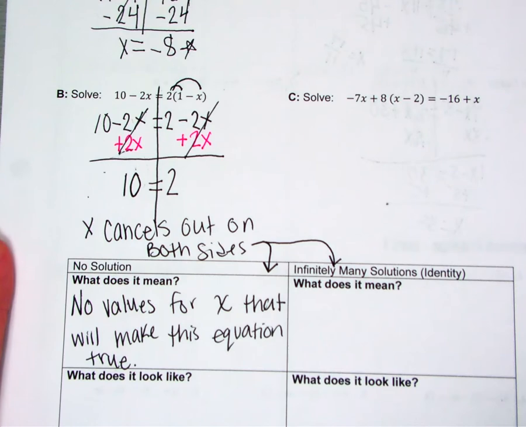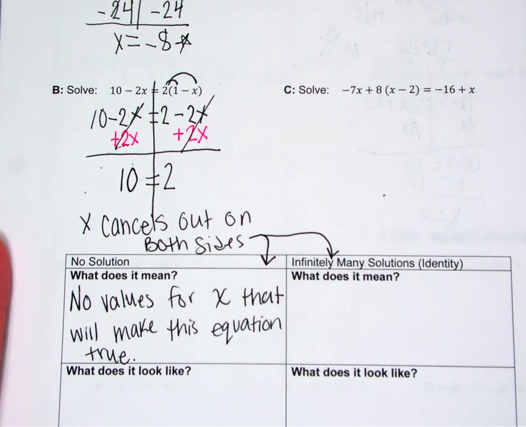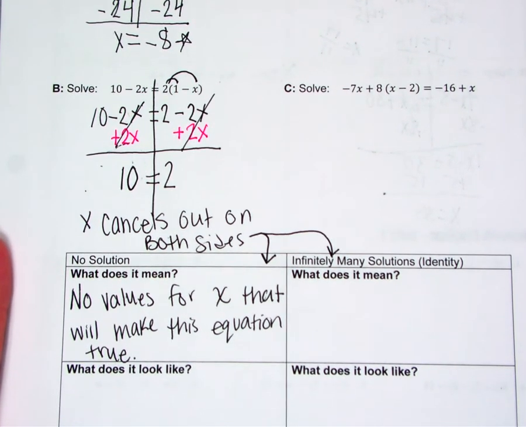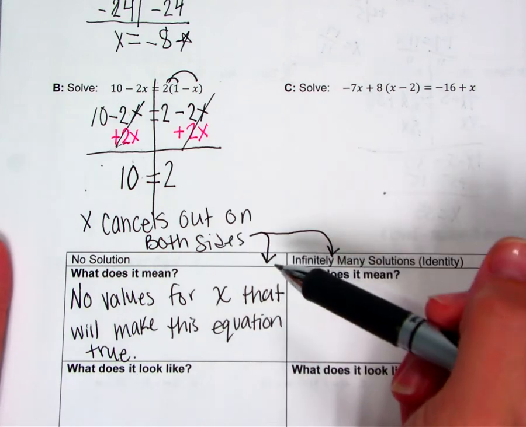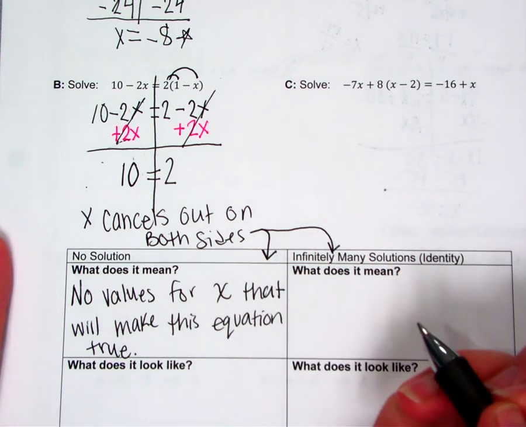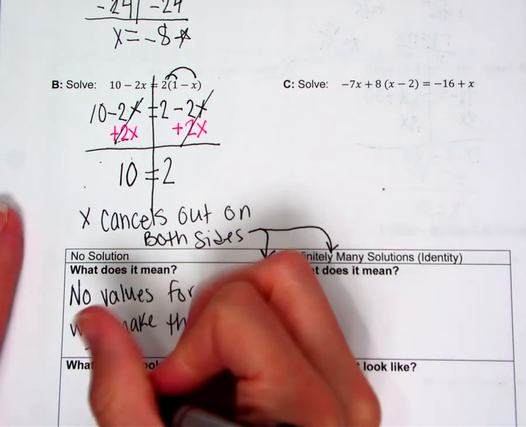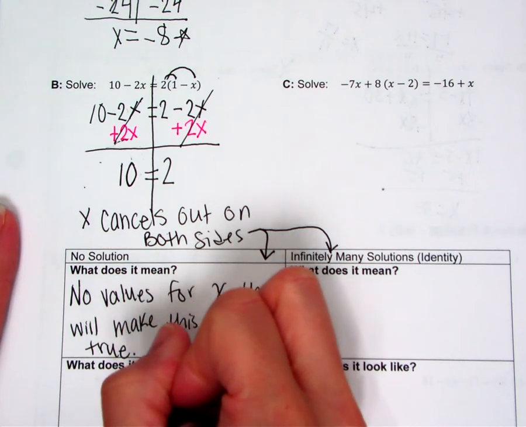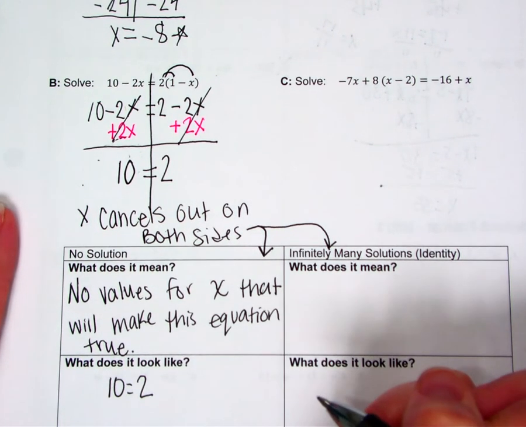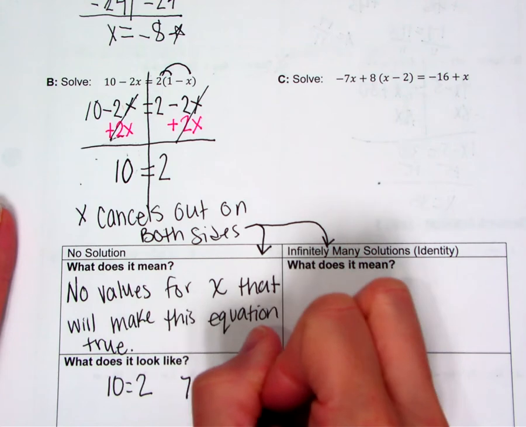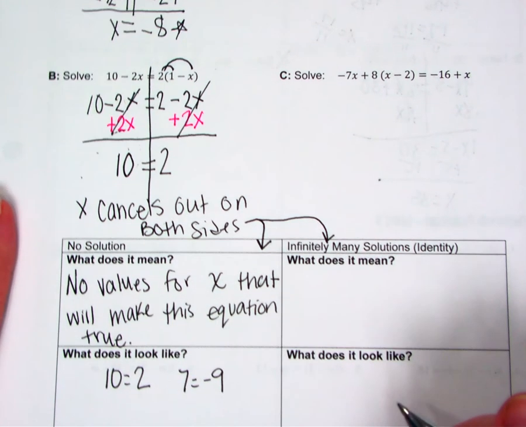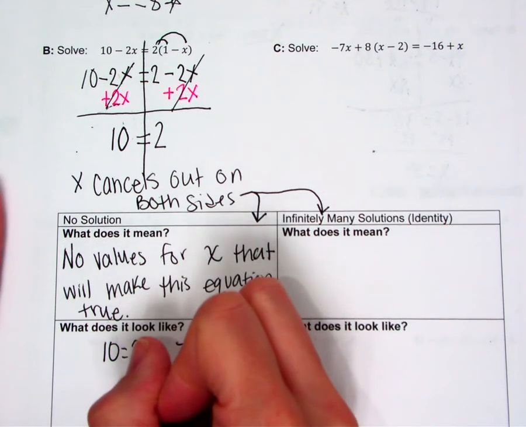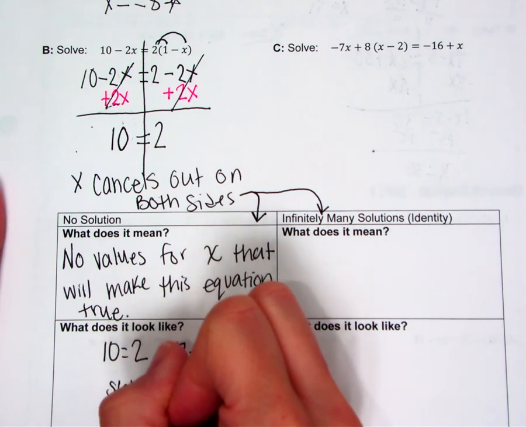So what does it look like? How do I know when I'm supposed to write a no solution? A no solution happens when your x's cancel out and you're left with something that's not true. So you're left with 10 equals 2, for example, or 7 equals -9. Okay? It's any statement that's not true.